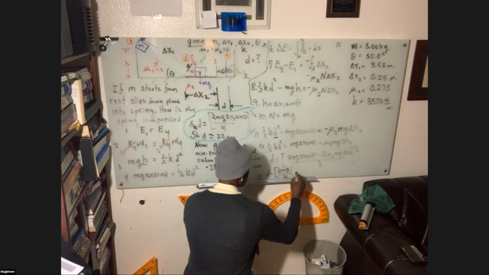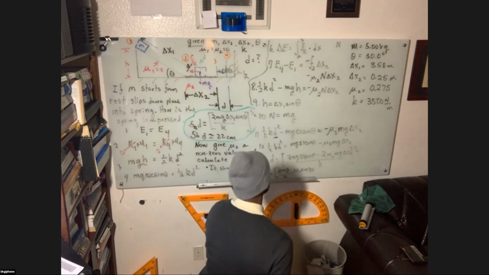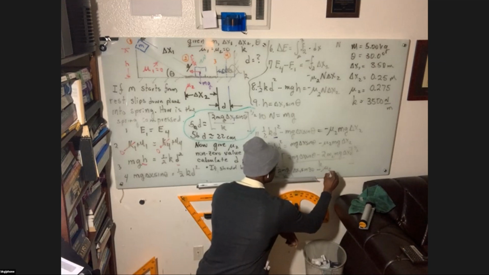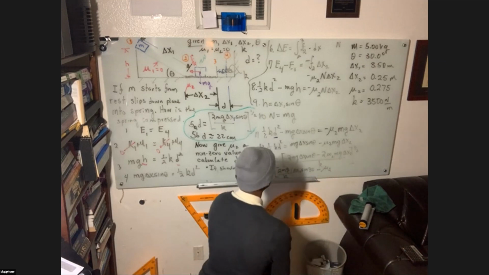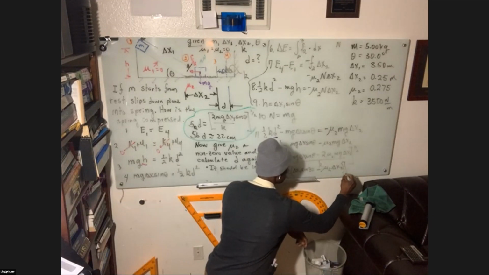And that's going to be multiplied by, in the brackets, delta x1 sine of 30 degrees minus mu2 delta x2, in parentheses and brackets to the 1/2.